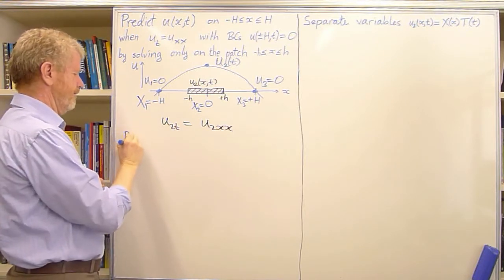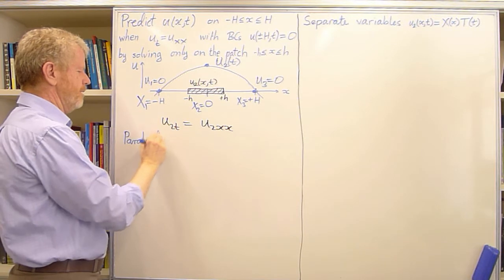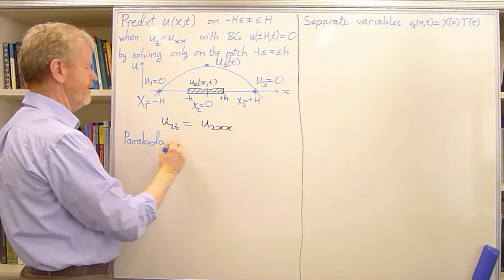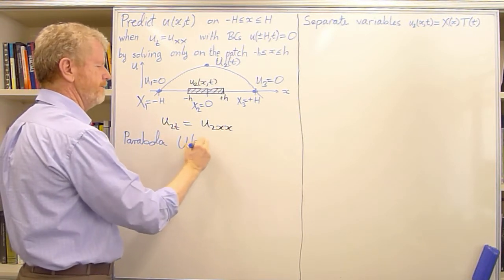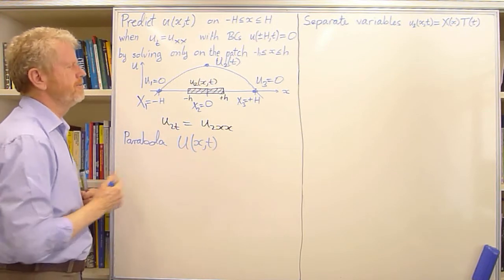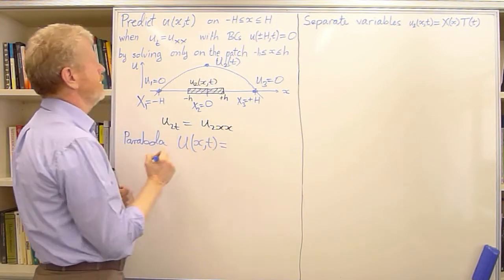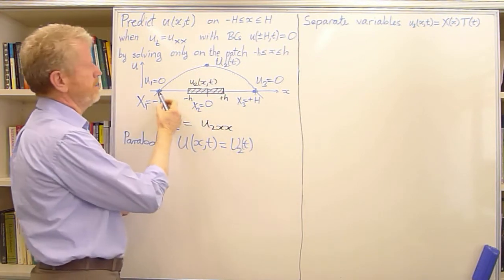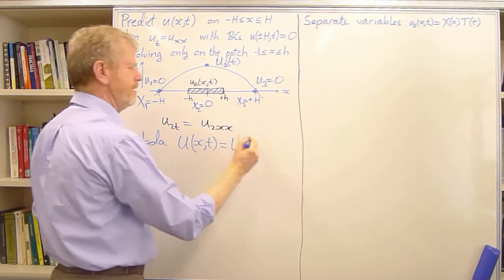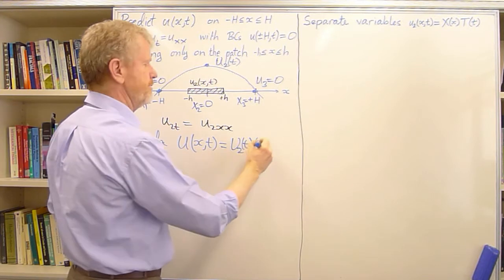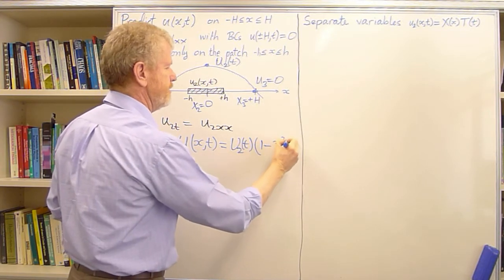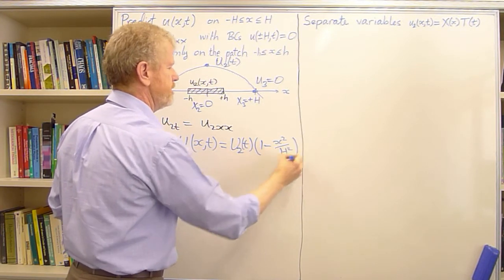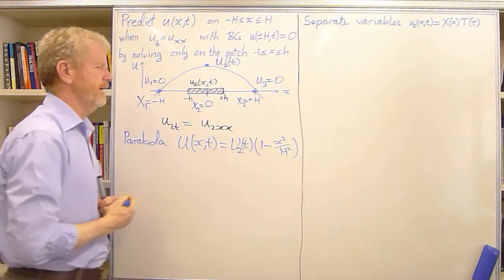So the parabolic interpolation says there is a big field, u of x and t, which is of size U2 of t, and parabolic going to 0 at x equals plus and minus big H. So it has to be this shape, 1 minus x squared over big H squared.